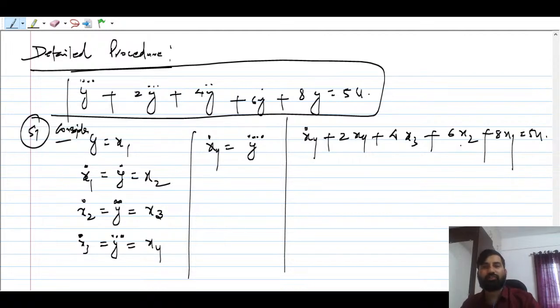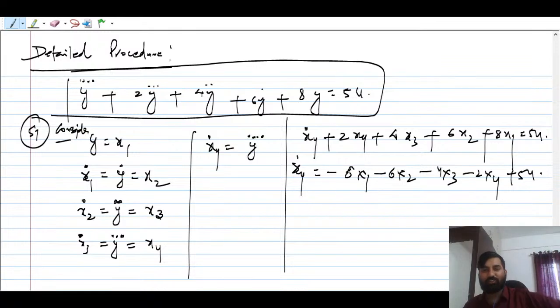It's very simple. So you can see what x4 dot is now. x4 dot is going to be minus 8x1, right, minus 6x2 minus 4x3 minus 2x4, okay, plus 5u, right?